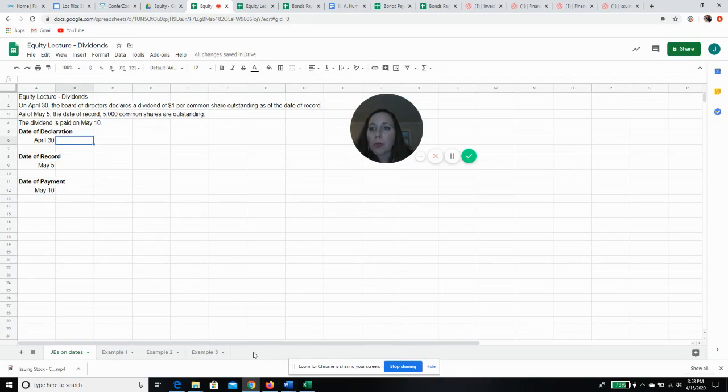On April 30th, the board of directors declares a $1 per common share dividend per the common shares on the date of record. And it says on the date of record, we're going to have 5,000 shares outstanding. So that's going to be 5,000 shares times a $1 dividend per share.